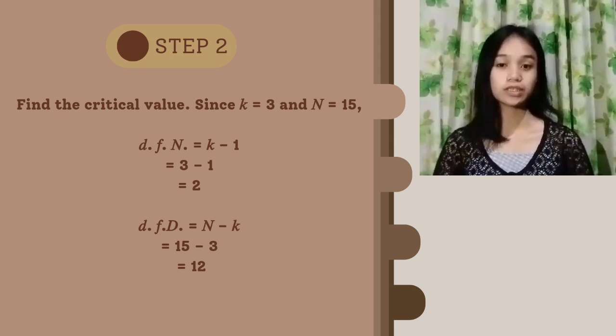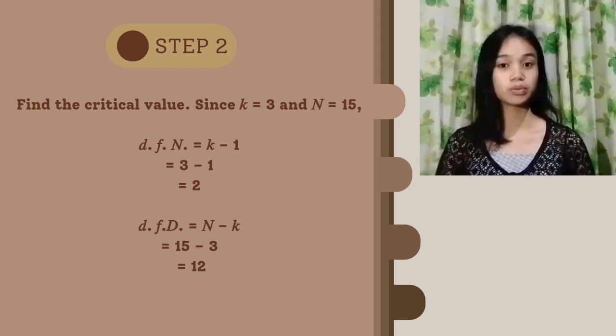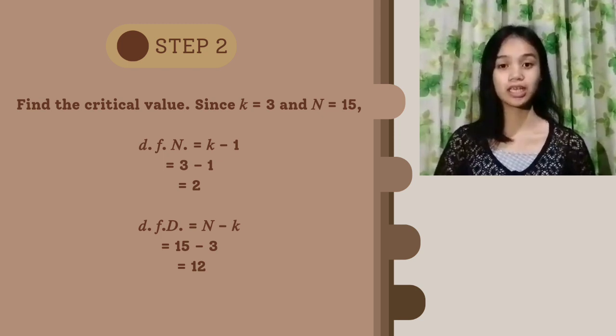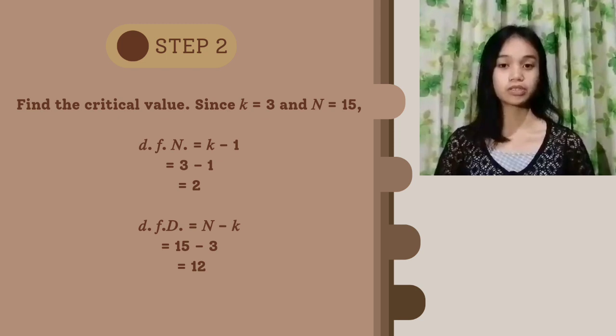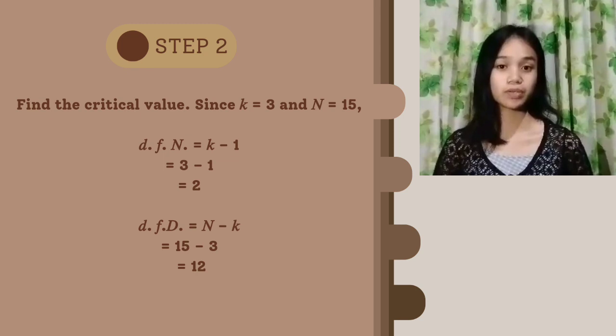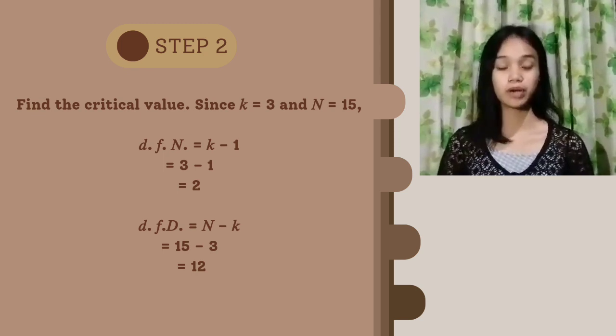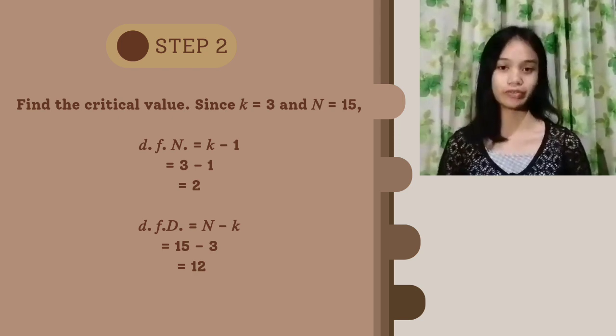Since the degrees of freedom is equal to the number of groups minus 1, and the value of k is 3, we substitute it in the given formula to find the degrees of freedom in the numerator, where 3 minus 1 equals 2, and 15 minus 3 equals 12.